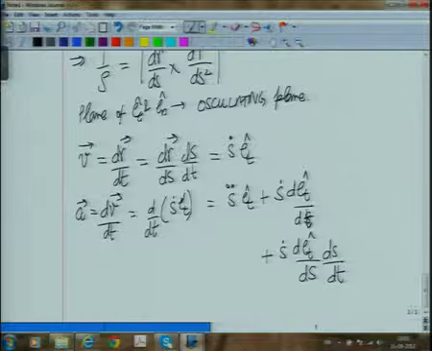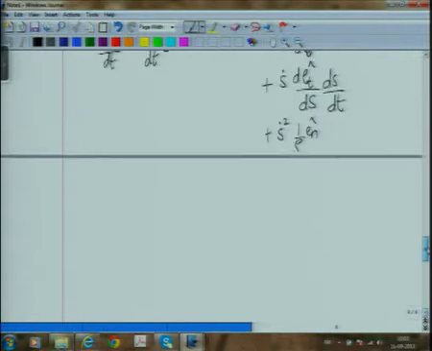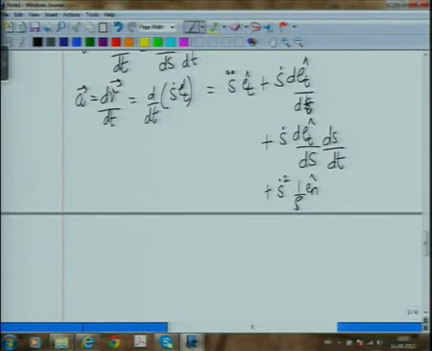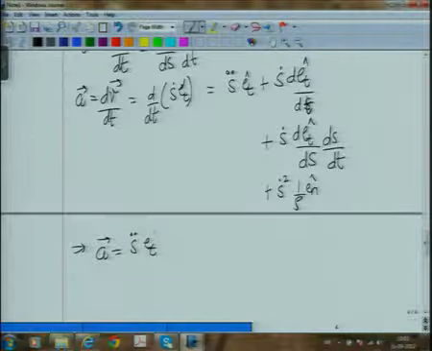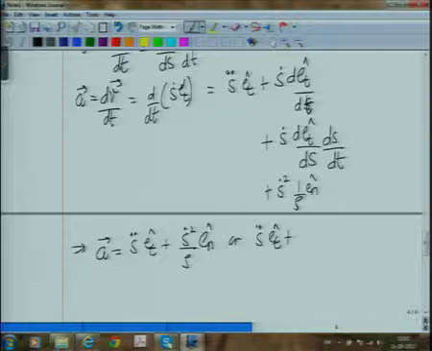What is ds by dt? It is s dot. What is d E t by ds? It is 1 over rho E n. So, when you combine all this together, you get acceleration equal to s double dot E t plus s dot square upon rho E n, or s double dot E t plus v square upon rho E n.